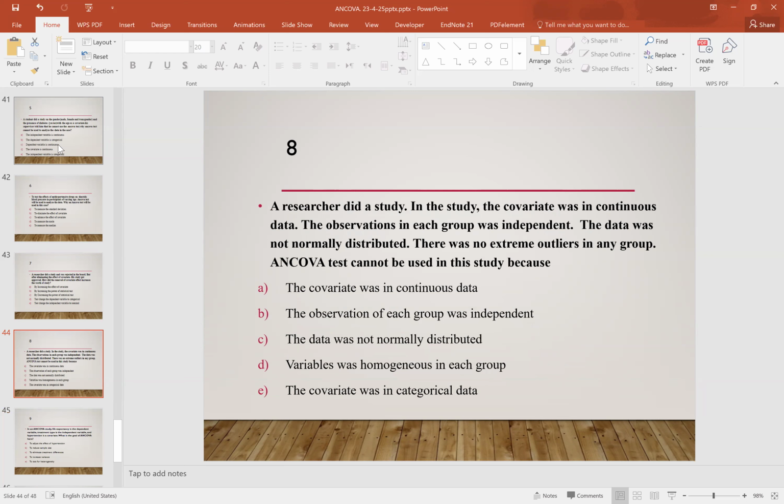There was no extreme outlier in any group. The ANCOVA test cannot be used in this study because: the covariate was continuous data; the observations of each group were independent; the data was not normally distributed; variances were homogeneous in each group; or the covariate was categorical data. Let's see. Okay, it's continuous, so it's not categorical. The data was not normally distributed.